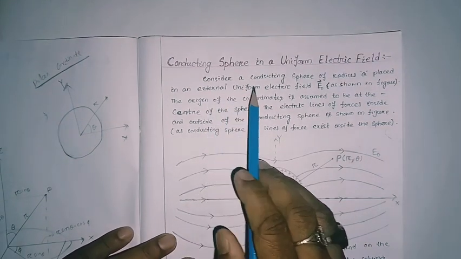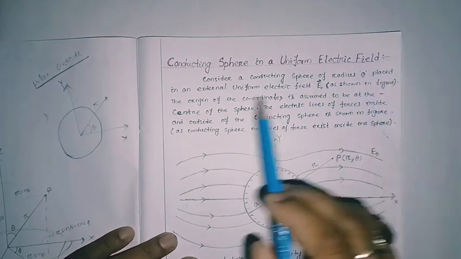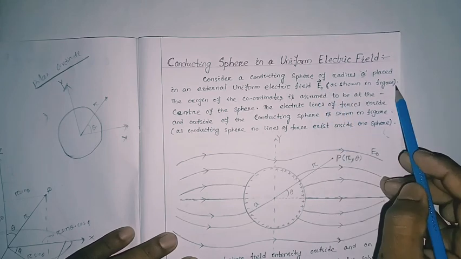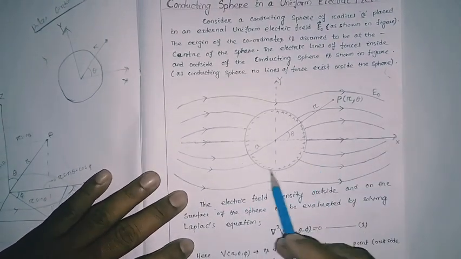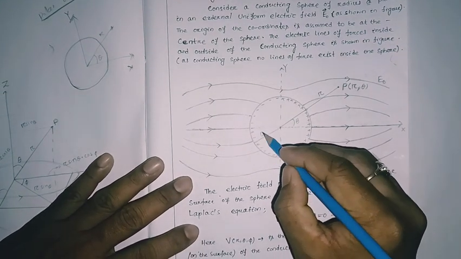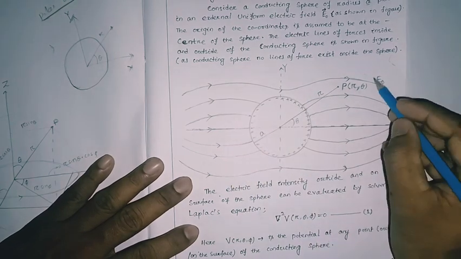Consider a conducting sphere of radius a placed in an external uniform electric field E0, as shown in the figure. So this is a conducting sphere having radius a, placed in a uniform electric field E0.